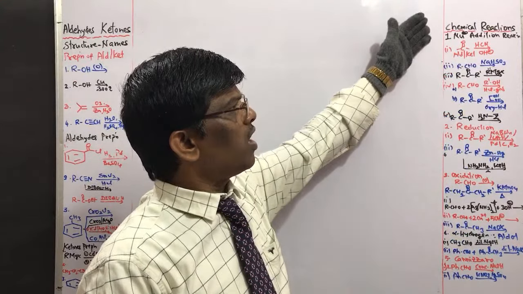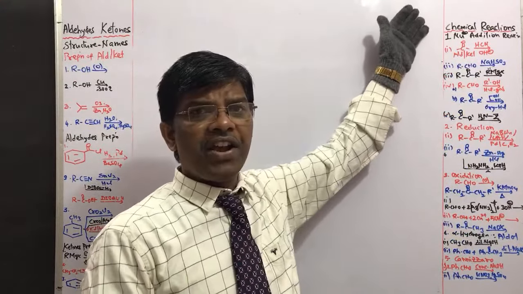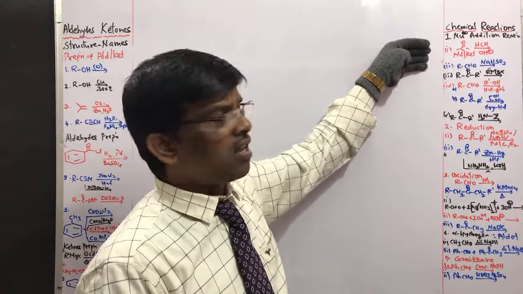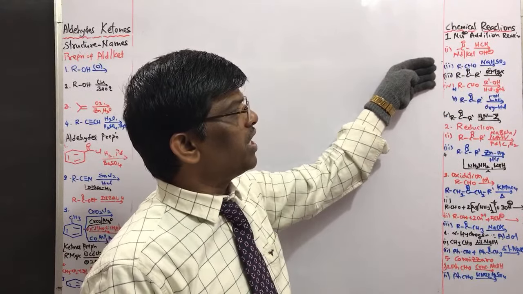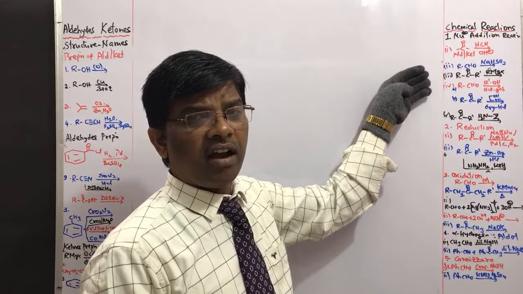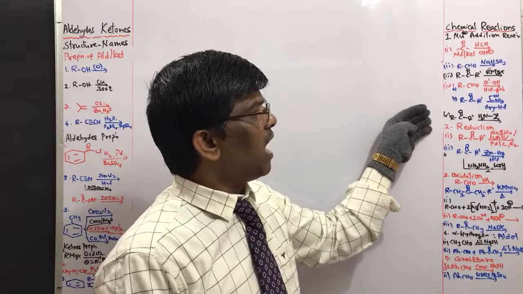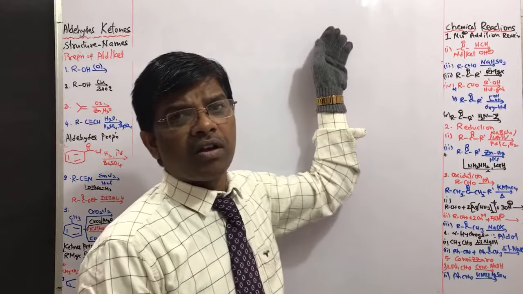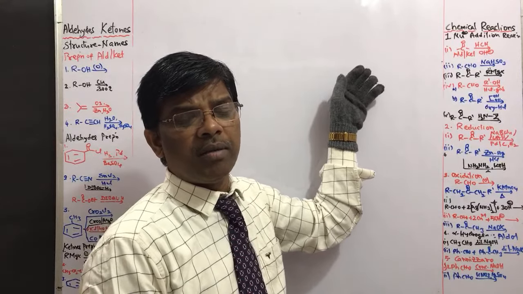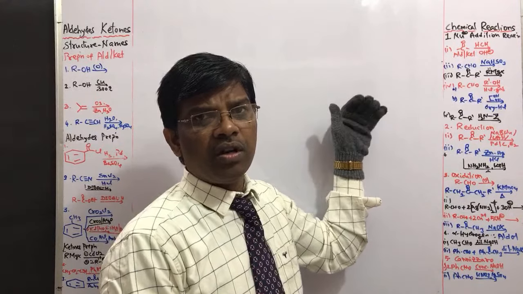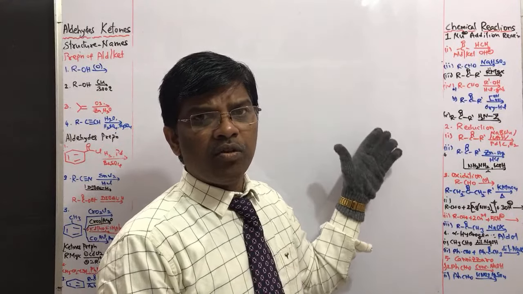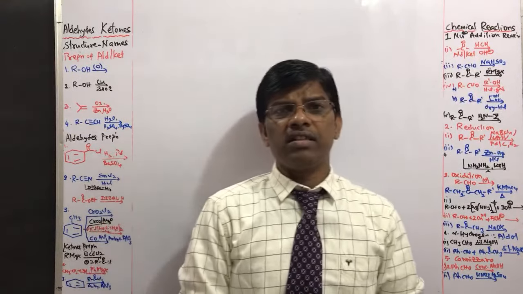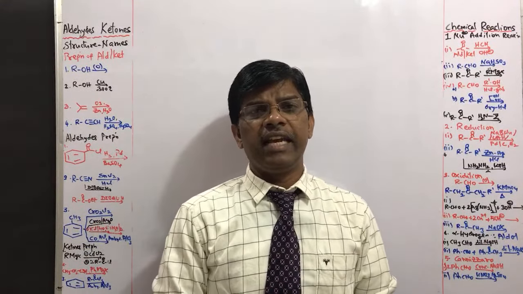Under chemical reactions of aldehydes we have completed nucleophilic addition reactions, where hydrocyanation, sodium hydrogen sulfite addition, Grignard reaction and addition of alcohols to aldehydes and ketones, and amine, ammonia and its derivatives, where we have come across imine, semicarbazone, hydrazone, oxime, 2,4-DNP test, like that. And now we are going to learn oxidation reactions of aldehydes and ketones.